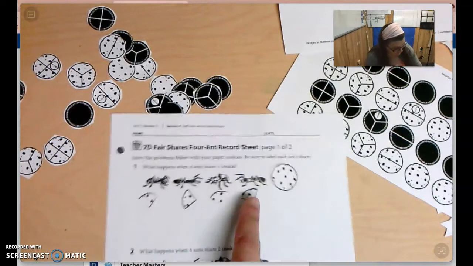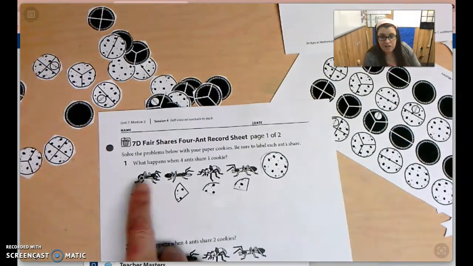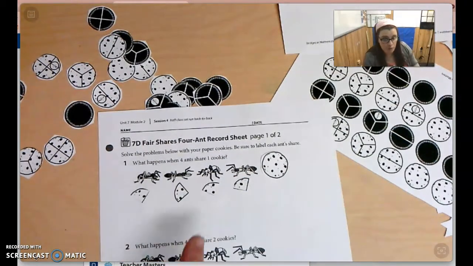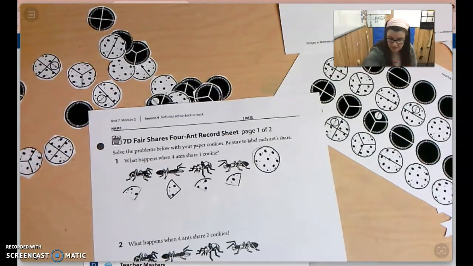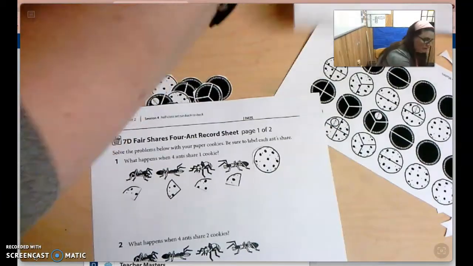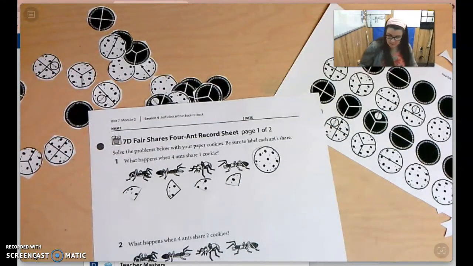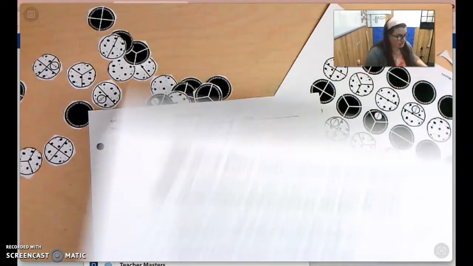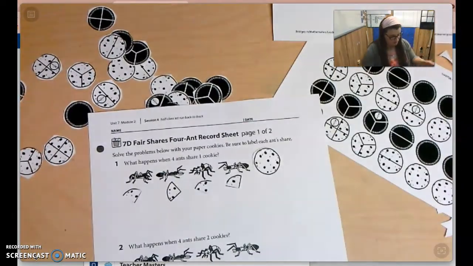What happens when 4 ants share one cookie? They each get 1/4. And I'm going to write that down. That was part of the original directions, to write down what they got. It said label each ant's share with whole numbers, mixed numbers, or fractions. Well, I don't have any whole numbers.